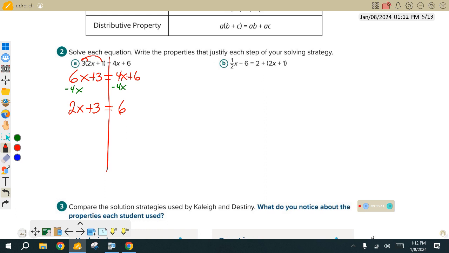Divide by that 2. Six minus 3. And then divide by 2.